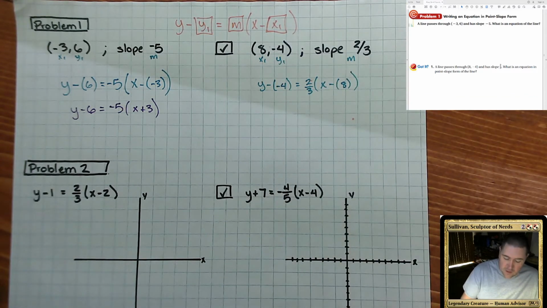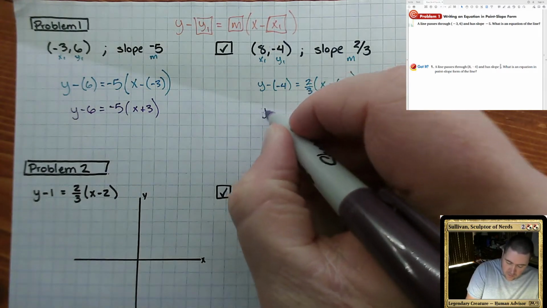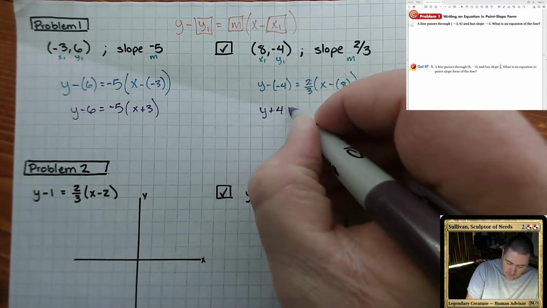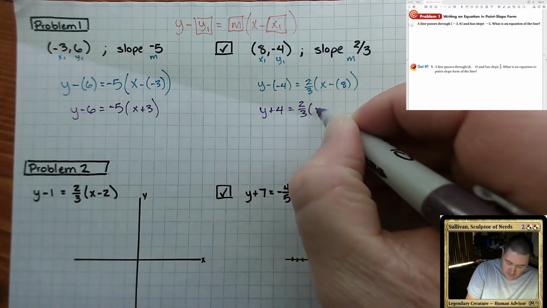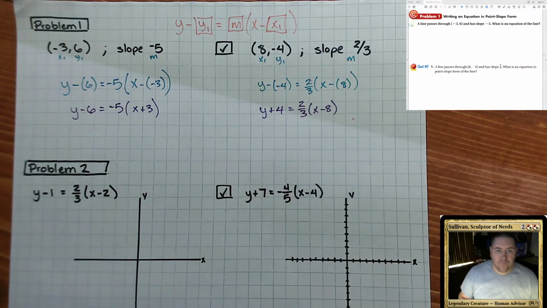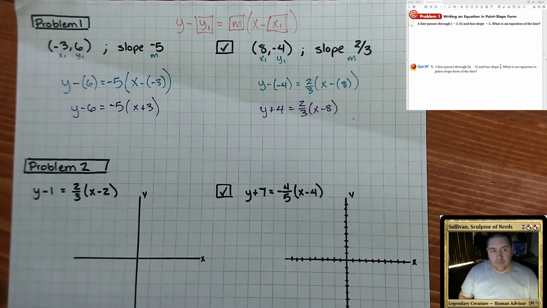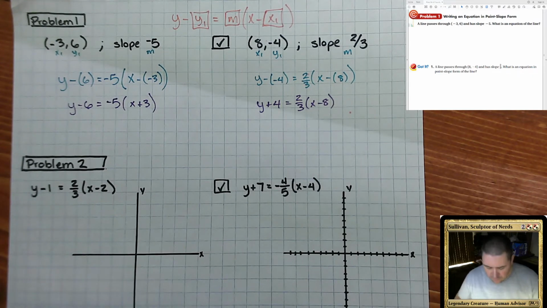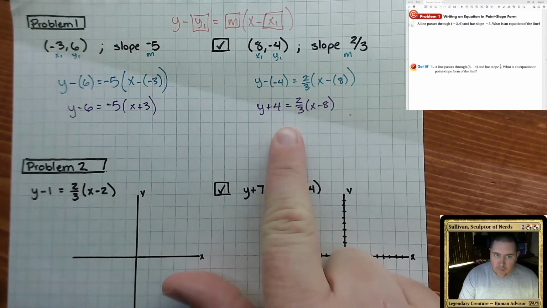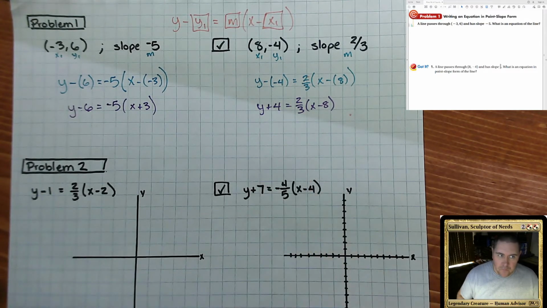Clean up any signs and parentheses you might have. y plus 4 is 2/3 x minus 8. Done. Work boots. Okay? Not fancy, but brute force, get the job done.